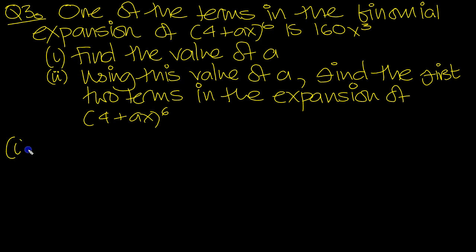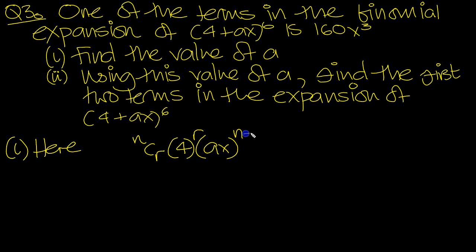So part 1 then. Here, the typical term is nCr. It'll be the first term, 4 to the r, and then it will be ax to the n minus r. We know n is 6, so r must be 3.